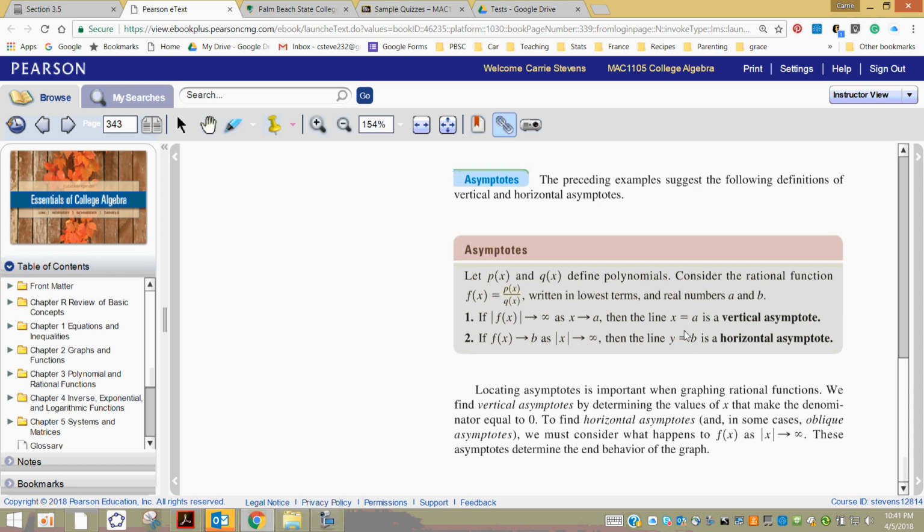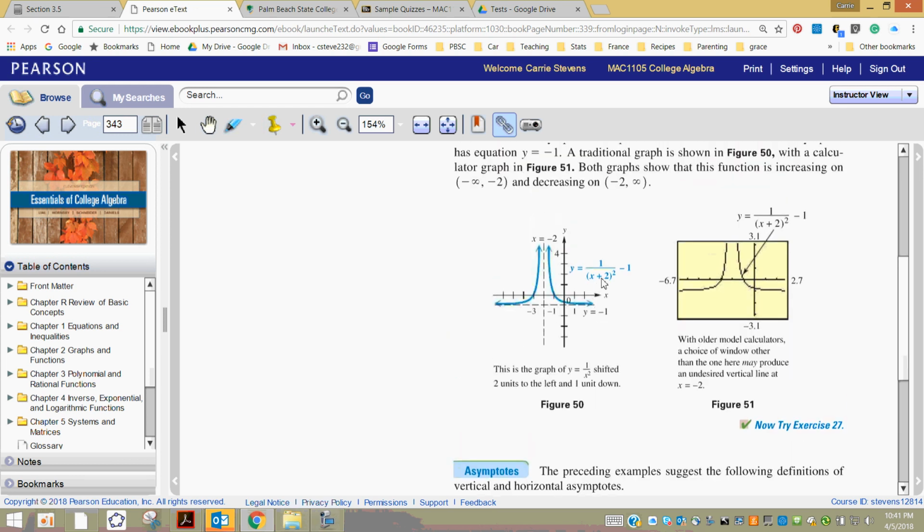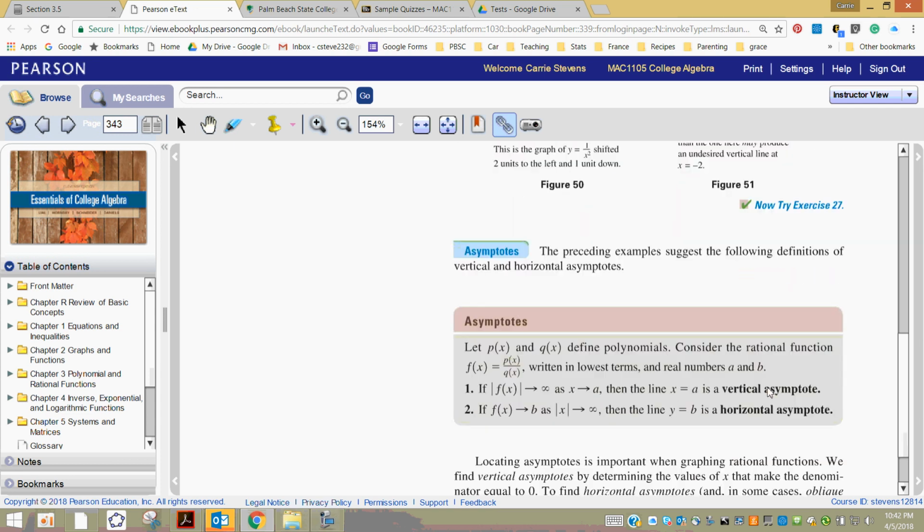then x equals a, which is a real number, represents some vertical asymptote, such as in this example, a would be -2. The vertical asymptote is at -2, so that could represent a here. That would be a vertical asymptote.